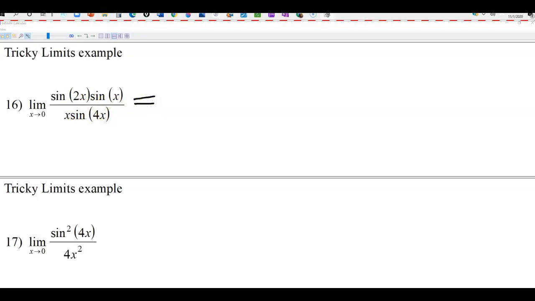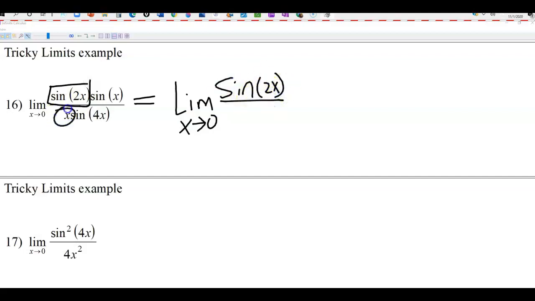So first of all, to take note of the fact that yes, by the indeterminate form, we know we have to do L'Hopital's rule. But first, before I even embark on starting L'Hopital's rule, I'm going to start by rewriting this. I'm going to take one of my factors on the top, and I'm going to put it over one of my factors on the bottom.